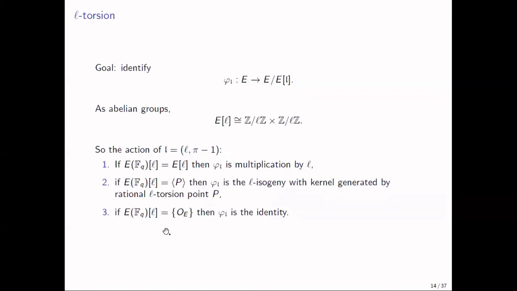And there's also the case where there are no rational L-torsion points, and then the isogeny is just the identity. So there are some cases where it's very easy to say what the action of this ideal actually does.